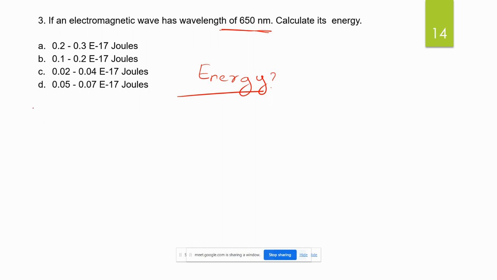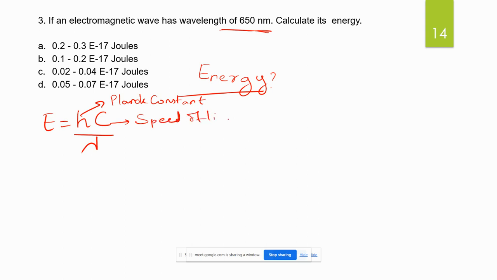So, as you would have learned in week 1 lectures, energy E is equal to hc by lambda, where h is Planck constant and c is speed of light and lambda is wavelength.